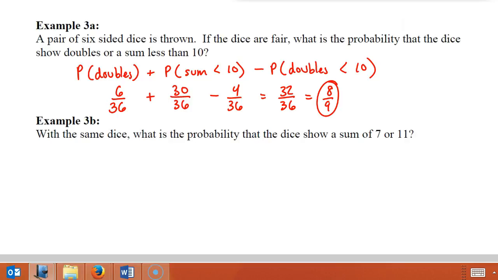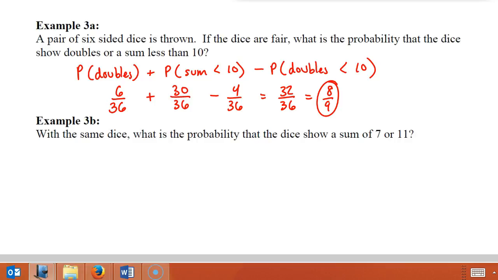Now let's look at the next one. With the same dice, what is the probability that the dice shown is a sum of 7 or 11? So again, for all of these situations, we need to ask ourselves, is there any overlap? If there's no overlap, they're mutually exclusive, so we just add up the probabilities. If there's overlap, we have to subtract the overlap. So with this one, you should recognize that there is no overlap.